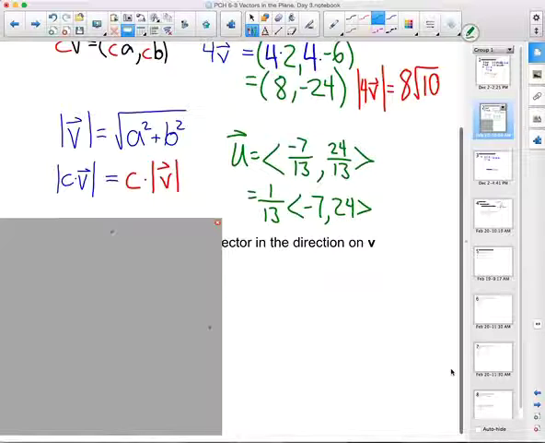Then you might recognize that as a Pythagorean triple, and the magnitude of negative 7, 24 is equal to what? 7, 24, what's the Pythagorean triple? 25, okay? So guess what? If I now see this, I can just do 1/13 times 25, or 25/13.